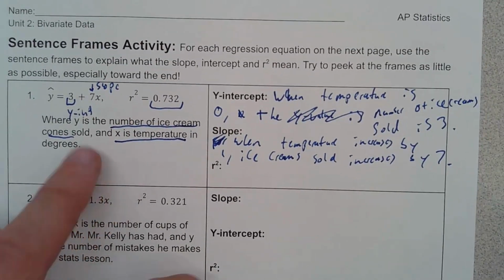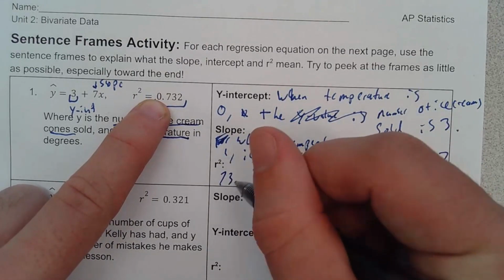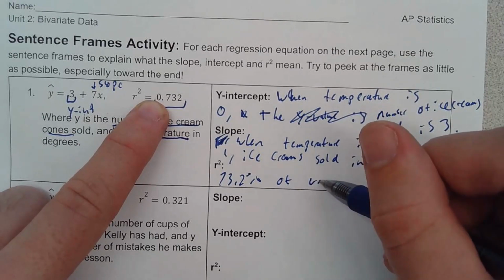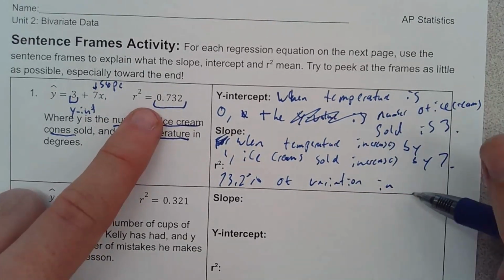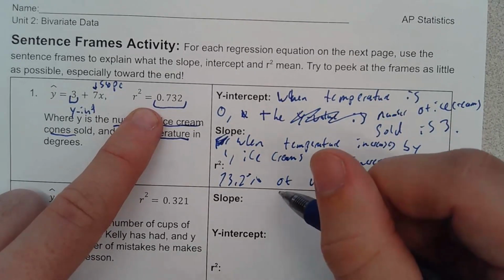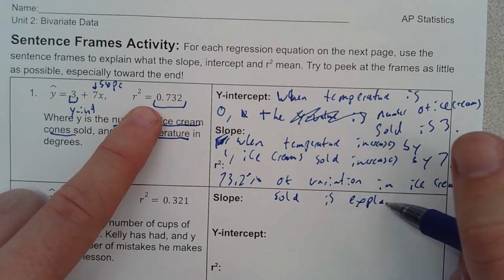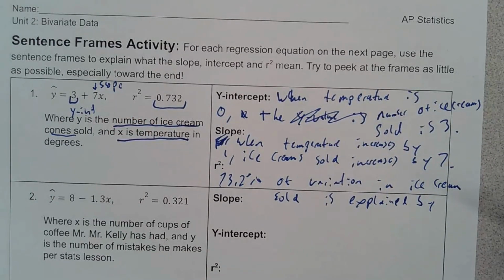And then R squared. So when you make that a percentage, 73.2% of variation in ice cream sold is explained by temperature.